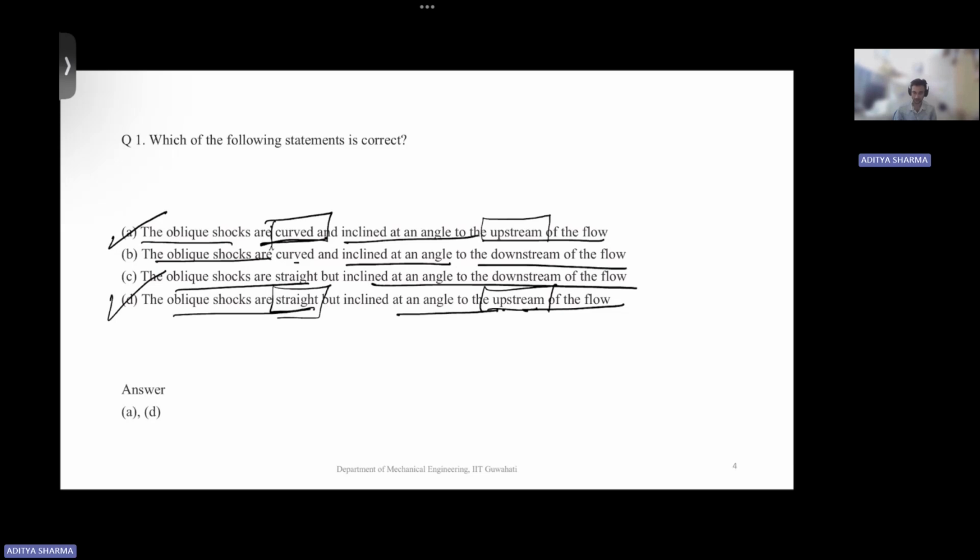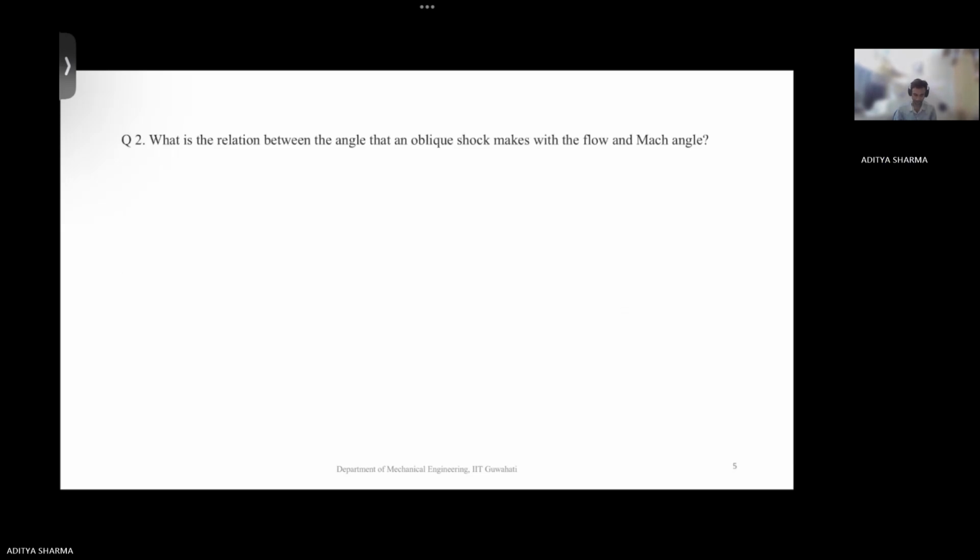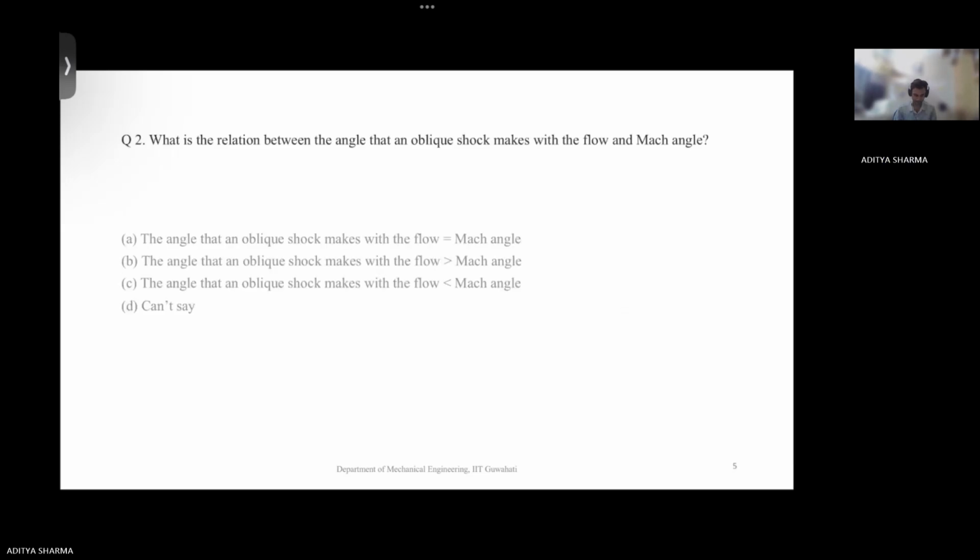Then next question, let's see. So this is question number 2. So this should be easy to answer.